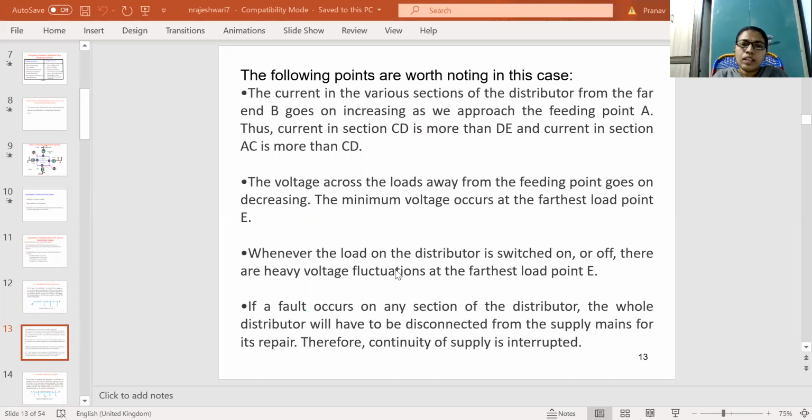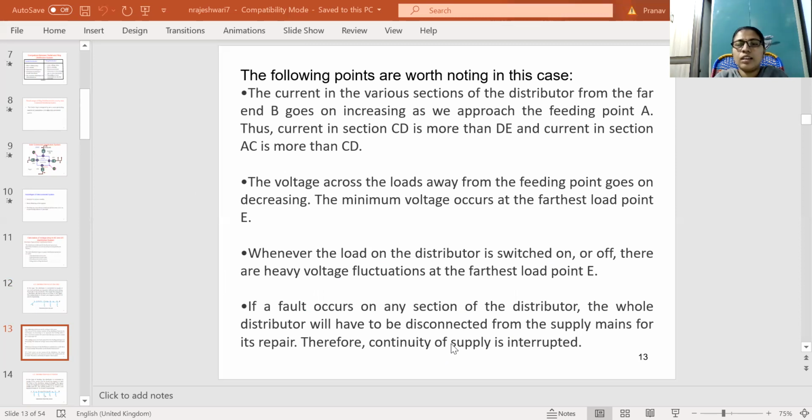Whenever the load on the distributor is switched on or off, there are heavy voltage fluctuations at the farthest load point E, because it is the last point. If there is a fault in any section of the distributor, the whole distributor will have to be disconnected from the supply mains for its repair.